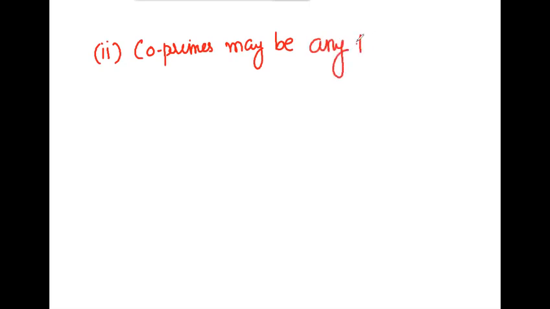Second one, co-primes may be any two consecutive numbers.